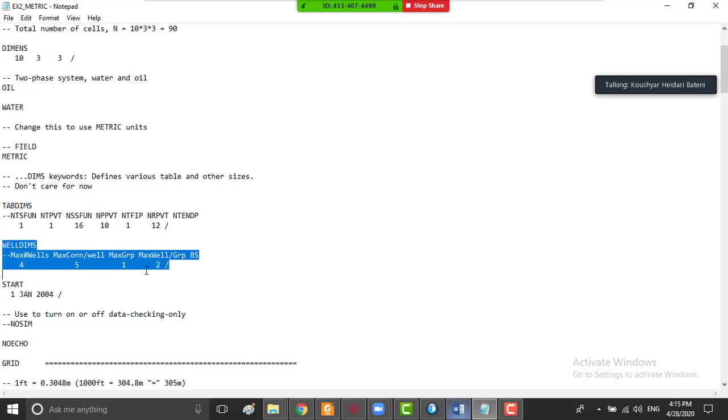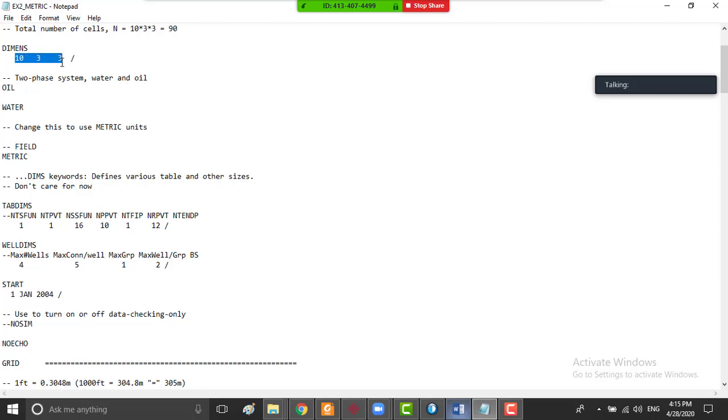We understood that Eclipse does this. You name the proper keyword, and after writing this keyword, Eclipse waits for the input data. The first piece of data, for example, in diamonds.